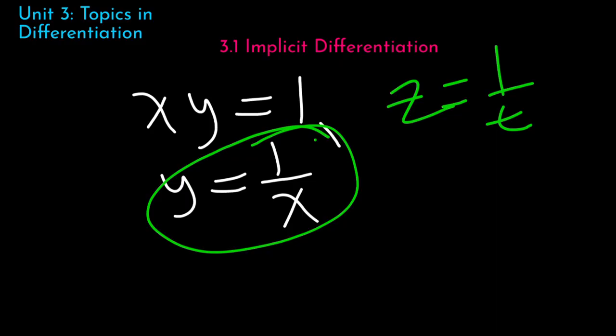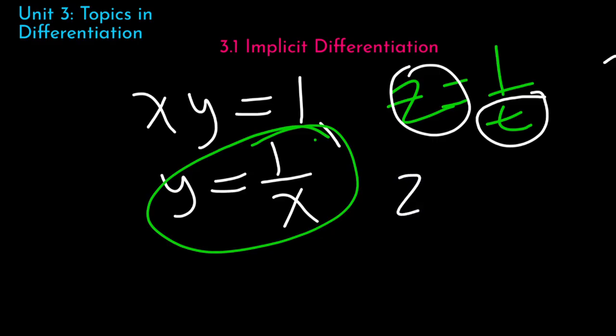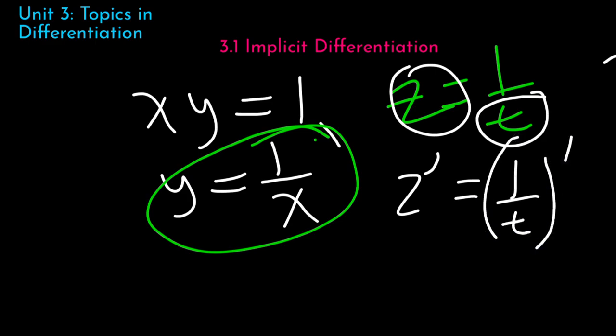We just learned product rules and chain rules. Each of these things is going to have a chain rule eventually. So let's do z and t over here on the side. I'm going to do z prime equals 1 over t prime. We're taking the derivative of both sides.